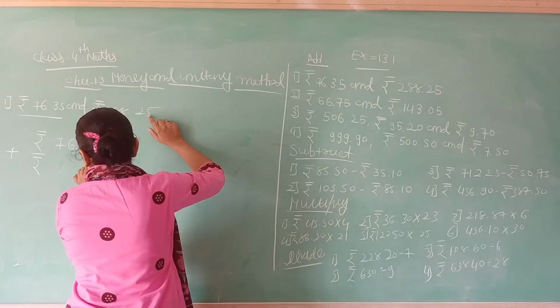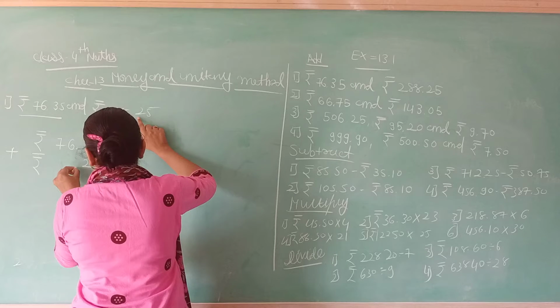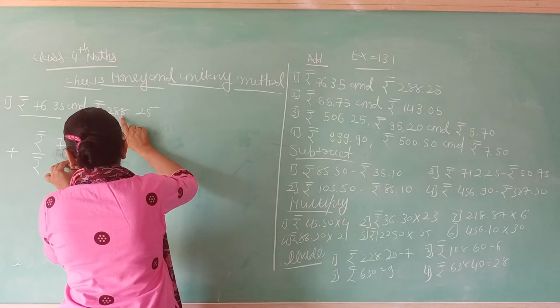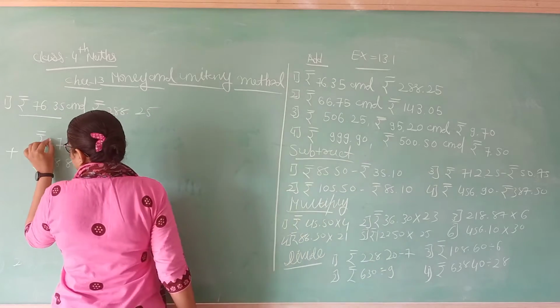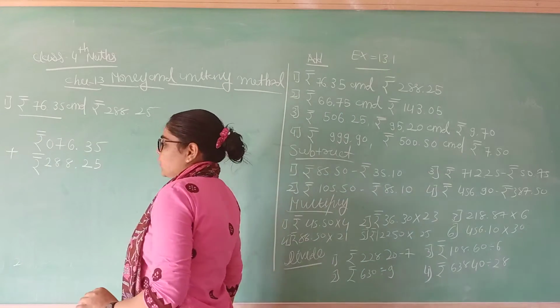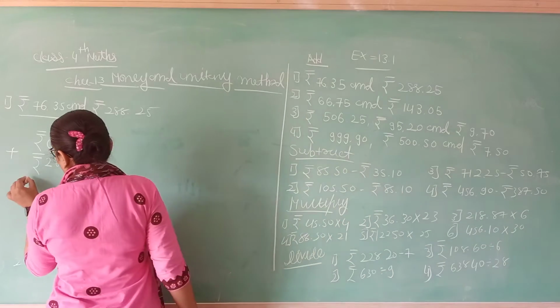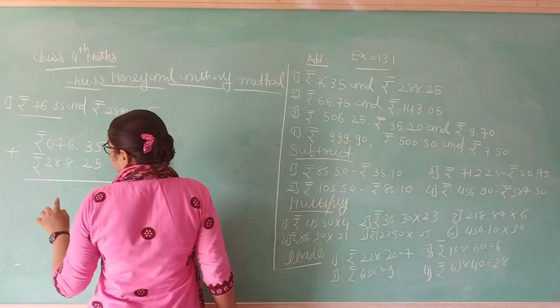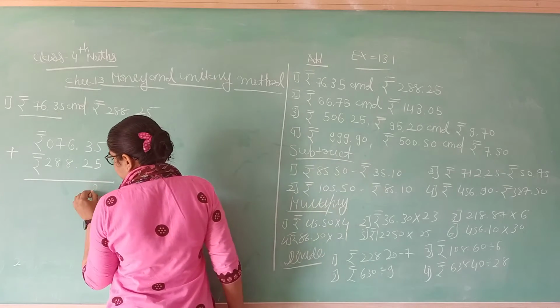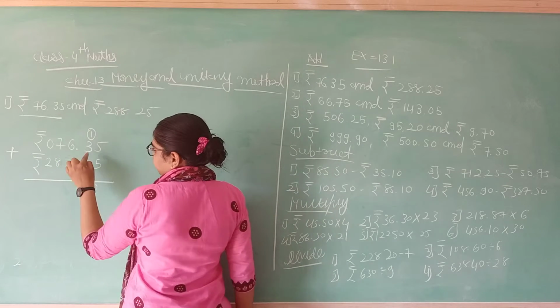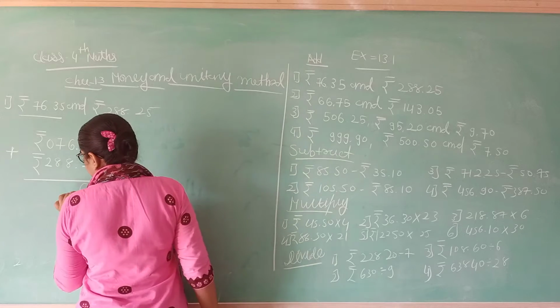So 5, then 2.88, and here write down 2. Here the place of 100 is not given, so write down 0. Okay, then after doing addition, 5 plus 5, 10, 0 here, 1 carry. 3 plus 2, 5. 5 plus 1, 6.